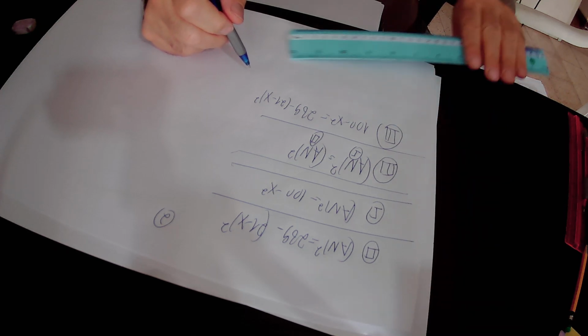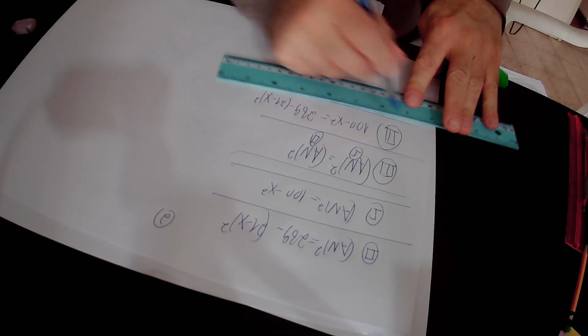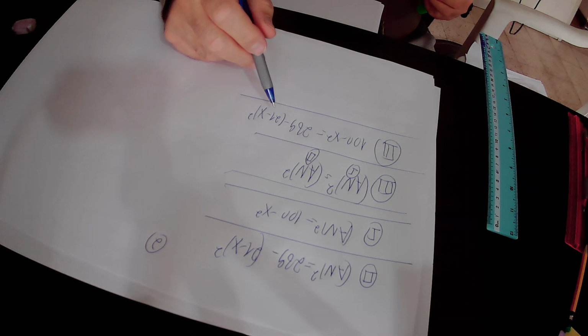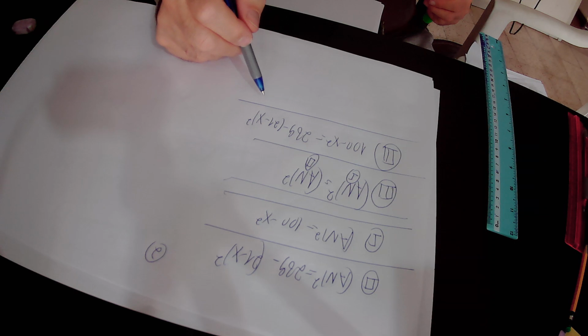So according to equation 3, we found out that 100 minus x squared equals 289 minus (21 minus x) squared.